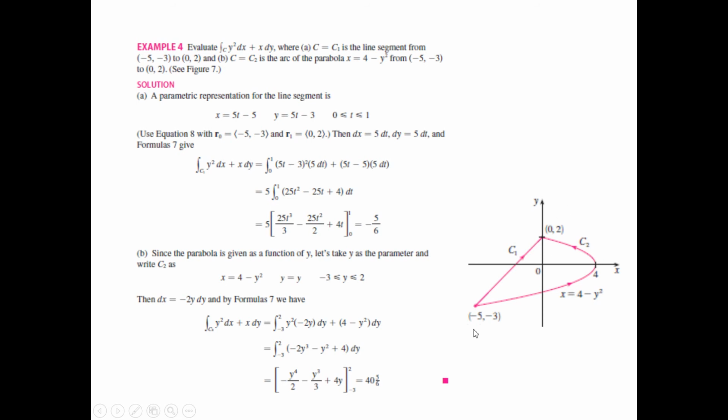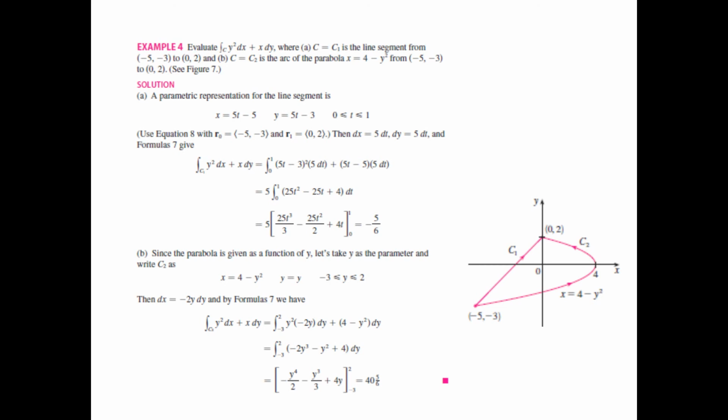C1 is the line segment from (-5, -3) to (0, 2). So first of all we have to find the parametric form of the line. And part B is along C equal to C2, that is along this curve, the arc of the parabola x is equal to 4 minus y squared from (-5, -3) to (0, 2). All right. So let's start with part A first.